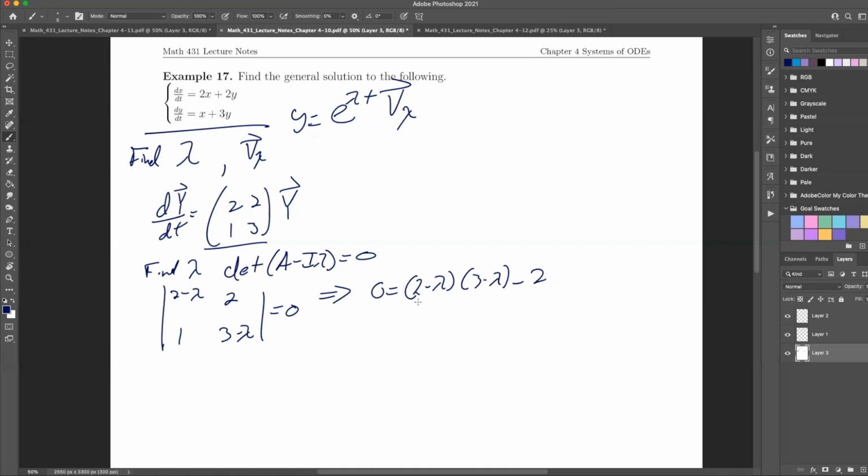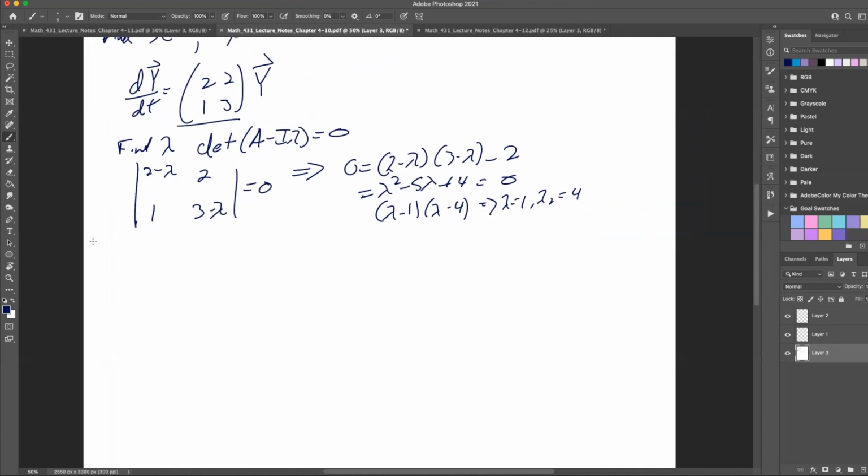And so this is equal to lambda squared minus 5 lambda plus 4, if you multiply it all out. If I factor that, that'd be lambda minus 1 times lambda minus 4. So that implies our lambdas are lambda 1 equal to 1 and lambda 2 equal to 4.